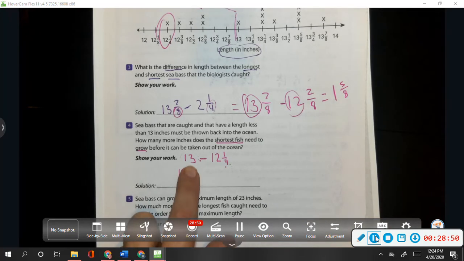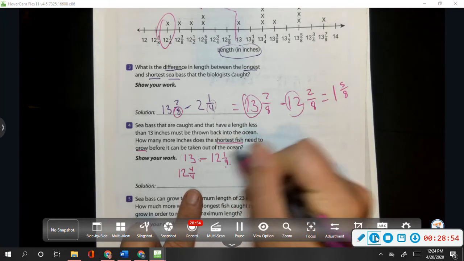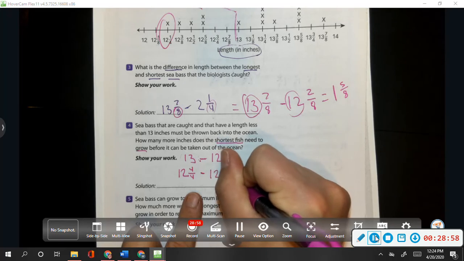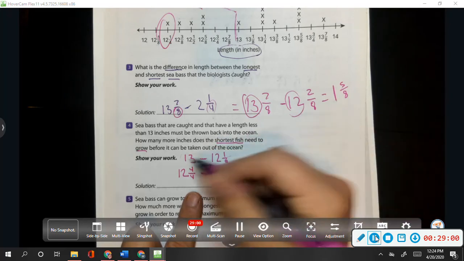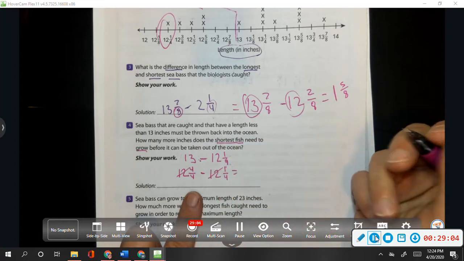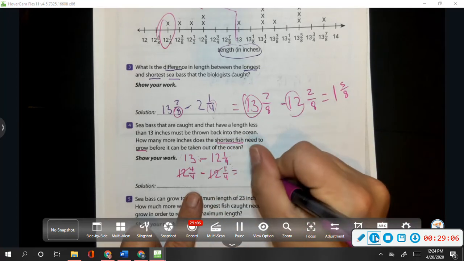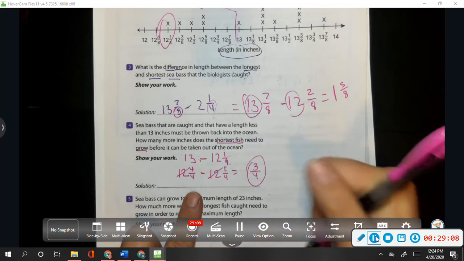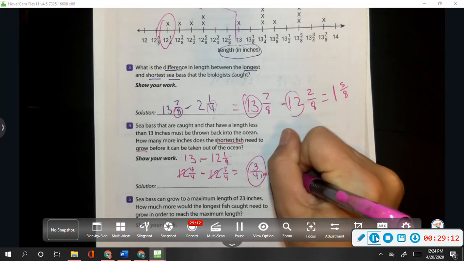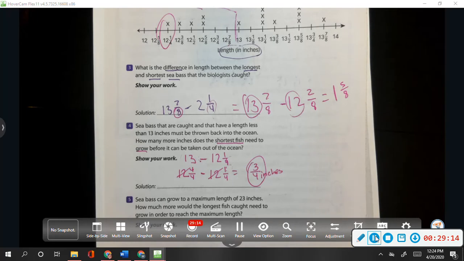Together, this would be 13, but I wanted to get a denominator of 4, and this was the easiest way to do that. So 12 4/4 minus 12 1/4, and now all we have to do is subtract. These cancel each other out. 4 minus 1 is 3, so we just have 3/4. The shortest fish needs to grow 3/4 inches in order for us to be able to keep them.